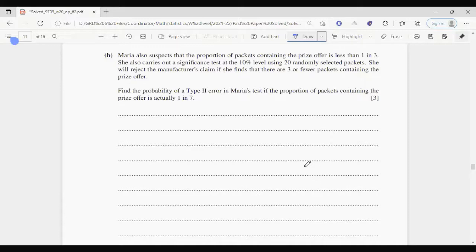actually 1/7. So we can conclude from what is given that she will reject. So we can say that the rejection region is X less than or equal to 3. We are asked to find the probability of type 2 error.